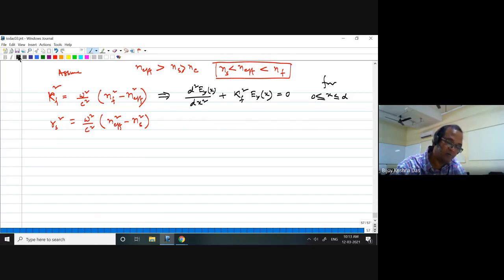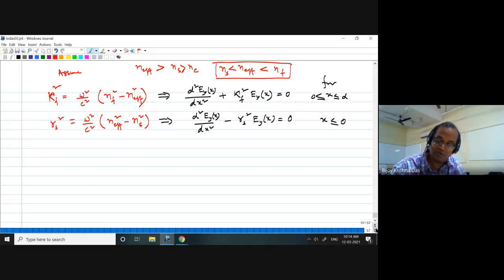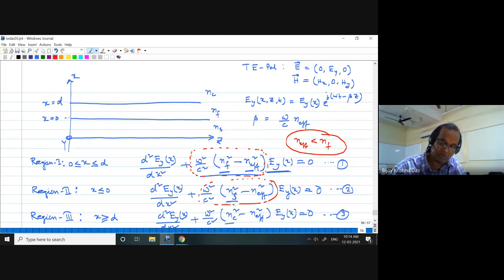Okay. Now this gives you an equation like this: d2 Uy(x) by dx2 minus gamma s square Uy(x) equal to 0. That is for x less than or equal to 0. So this is one equation. And then another, similarly you can write.